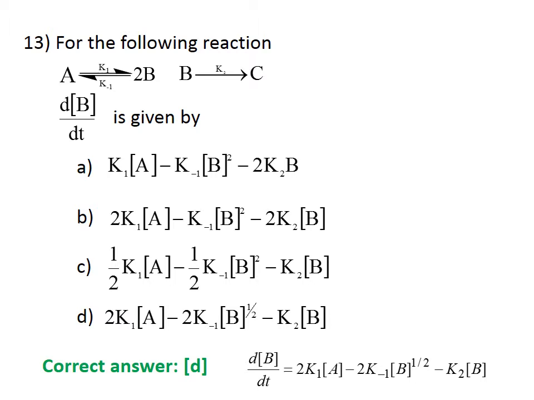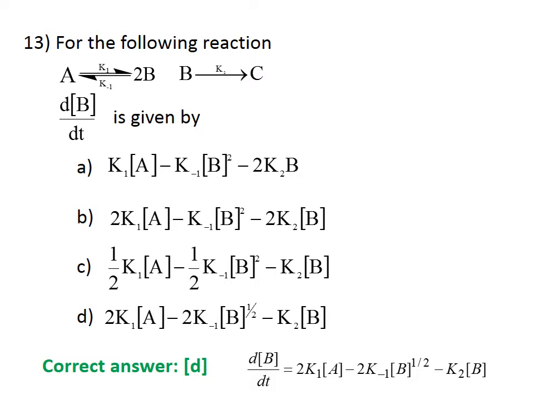The first step, you have to calculate the rate of formation. A gives 2B, therefore the rate will be equal to 2 into K1 into A, and similarly 2B gives A, therefore for this the rate is minus 2K minus 1 B power half, and it gives A. From the rate of formation, you minus the rate of disappearance.